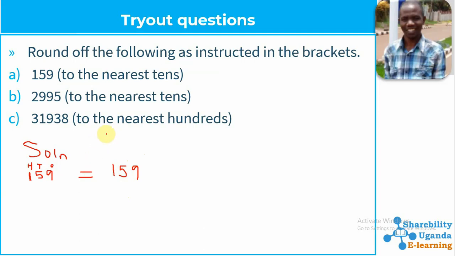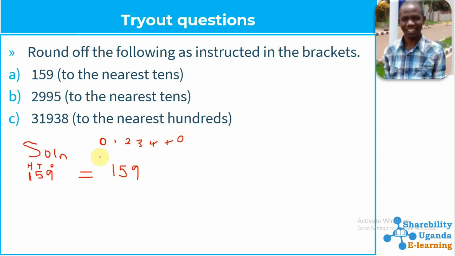The number is going to be 5, because it's the number which is in tens. We are going to consider this number. So we said if we have a number which is in the range of 0, 1, 2, 3 up to 4, we add a 0.